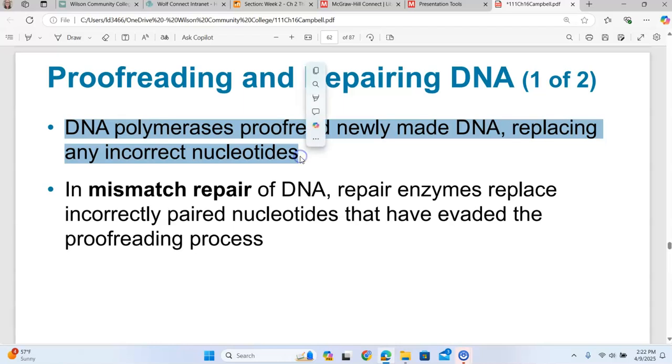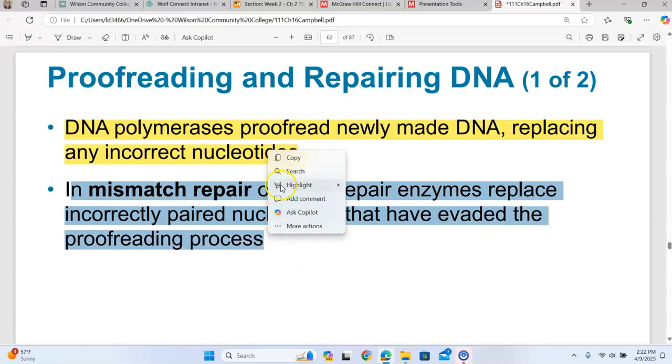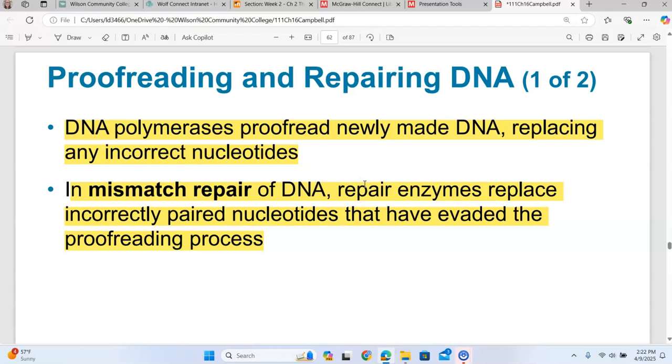First, there's proofreading. And if proofreading doesn't work, then there is mismatch repair. I'm sorry, I made that more complicated than it needed to be. So the first thing that happens is DNA polymerase proofreads, and it fixes some mistakes.